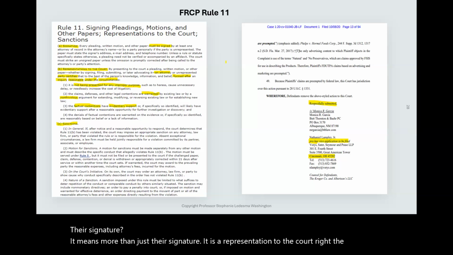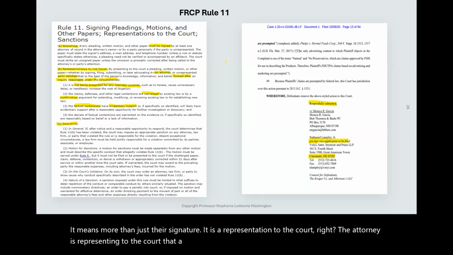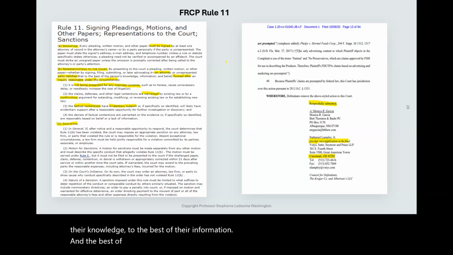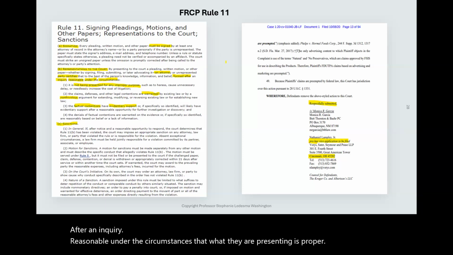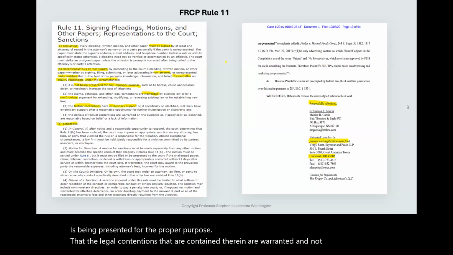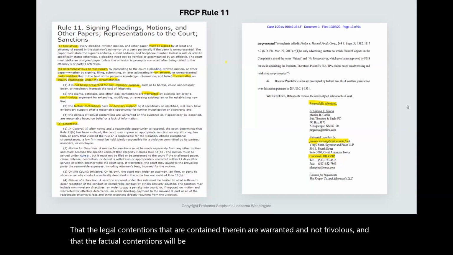The attorney is representing to the court that a pleading or a written motion or whatever the paper is that is being signed or filed or submitted by that attorney, they are certifying to the best of their knowledge, information, and belief, formed after an inquiry reasonable under the circumstances, that what they are presenting is being presented for a proper purpose, that the legal contentions contained therein are warranted and not frivolous, and that the factual contentions will be supported by evidence.